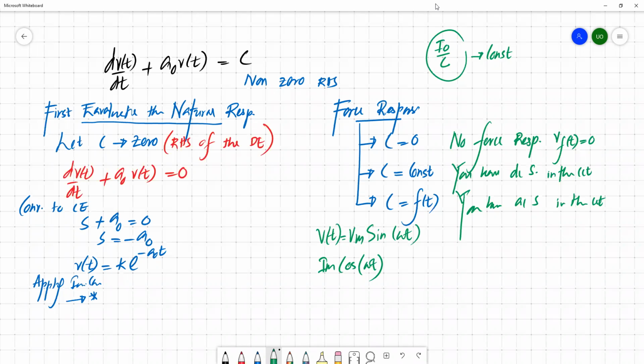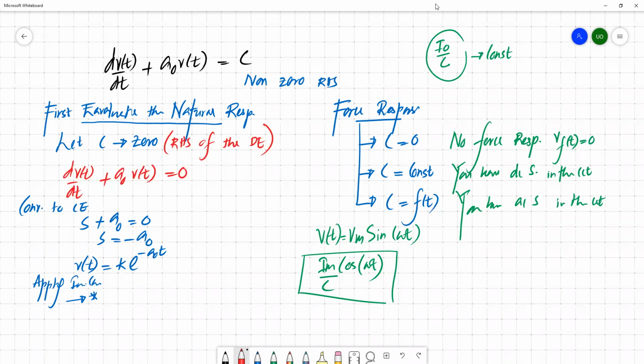So it ends up with Im cos omega t divided by C, which is a function of time. So we can argue that these sources are not DC, they are AC sources. Okay, so we identified three scenarios. Then, as in the previous case, we can try a trial solution for the forced response as well.